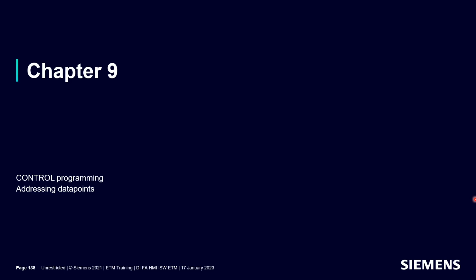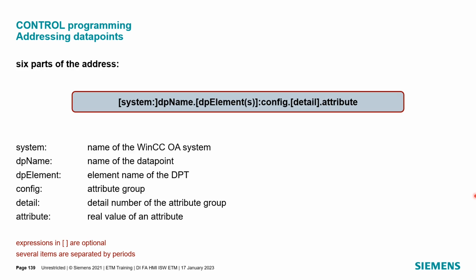Okay, we already addressed data points, but let's also see the parts behind the address. What we have seen was the data point name, then the dot notations, and then the config and its attributes.